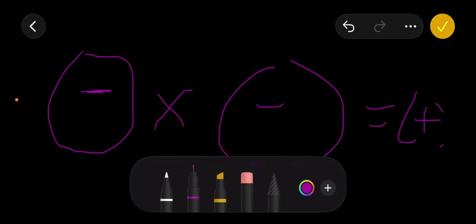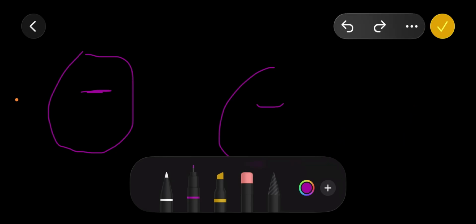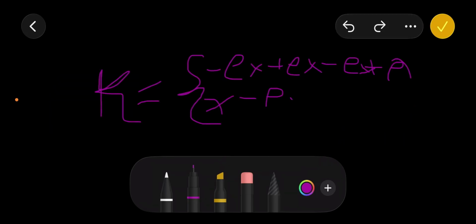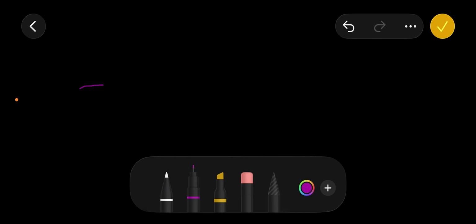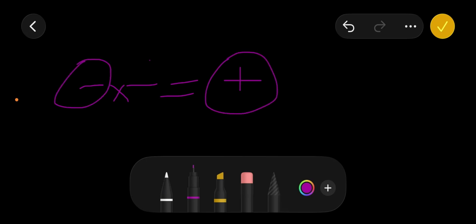We can't multiply the electron itself, but we can multiply the charges. So negative charge times negative charge equals positive charge. Negative times negative equals positive.